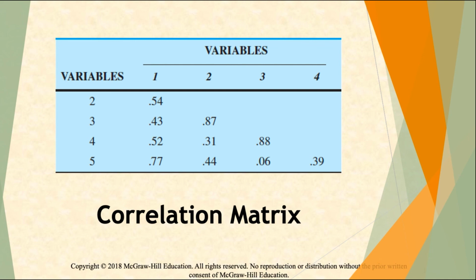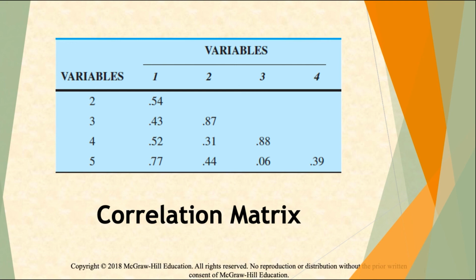Last, we have the correlation matrix. If you have computed all the possible correlations among a number of variables, then you can make the relationships among the variables easier to comprehend by displaying the correlation coefficients in a table called a correlation matrix. This table shows a hypothetical correlation matrix of 5 variables, 1 to 5.